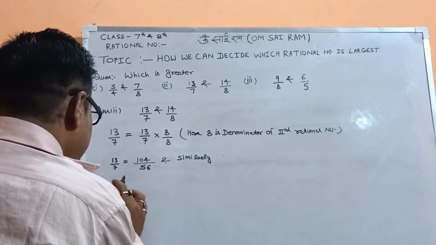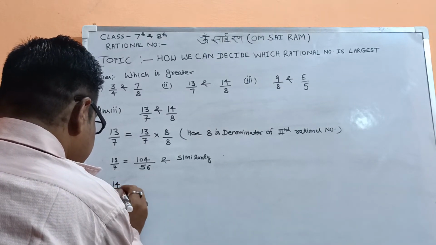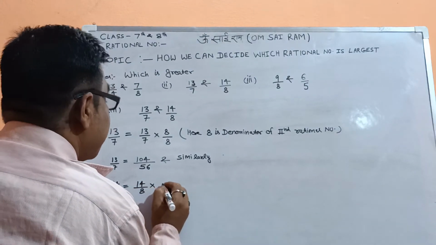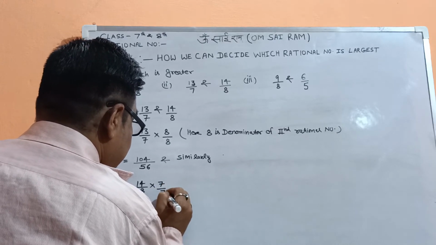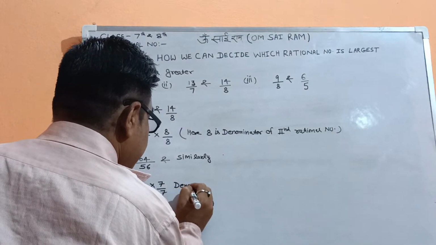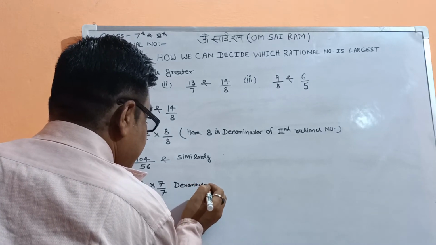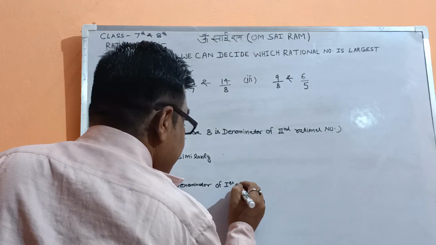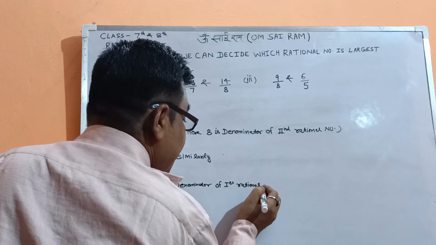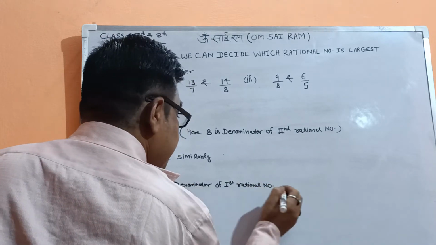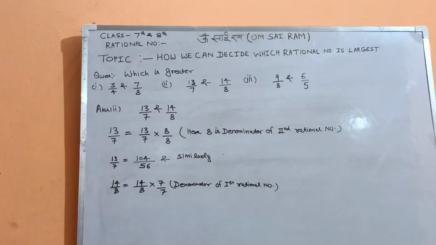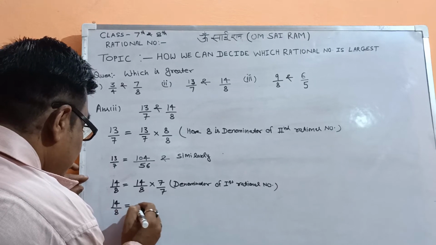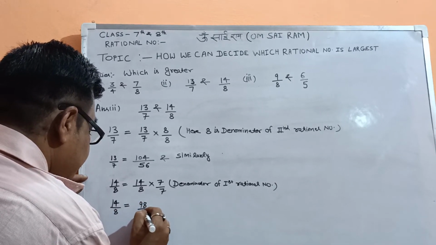And similarly, 14/8 equals 14/8 multiplied by 7/7, where 7 is the denominator of the first rational number. So 14/8 changes into 98/56.